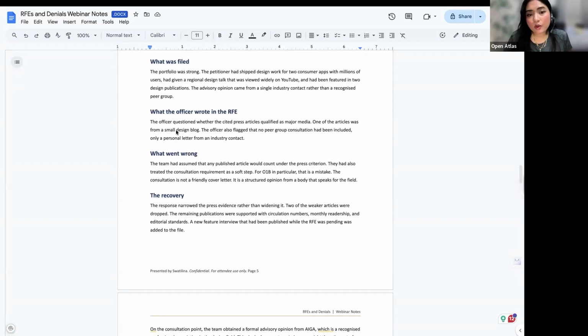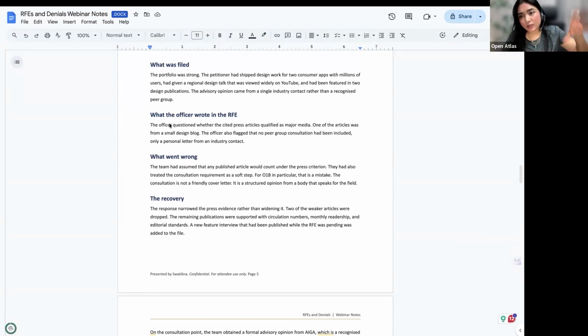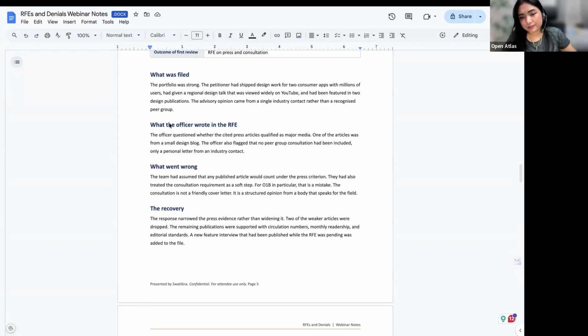So what the officer wrote in the RFE: the officer questioned whether the cited press articles qualified as major media. This is something which is literally making sense right now. Right now, either USCIS is rejecting the press or they do want to understand how the press is being cited, who the target audience is specifically, and whether that press falls under major media or not.